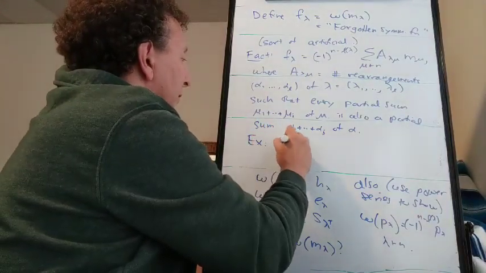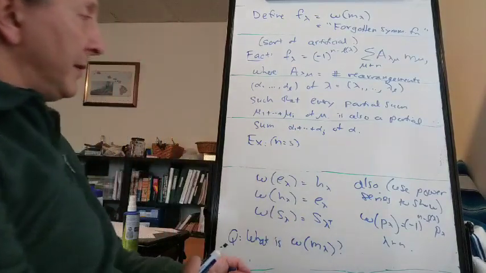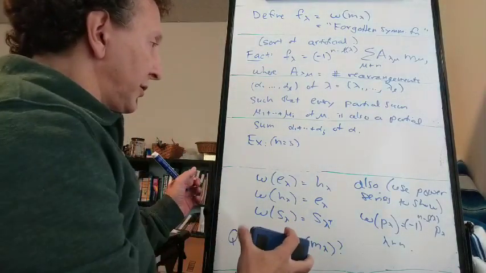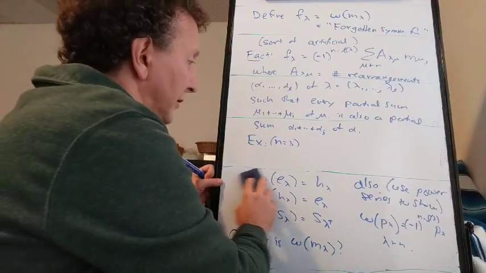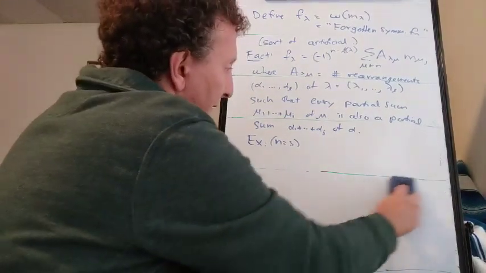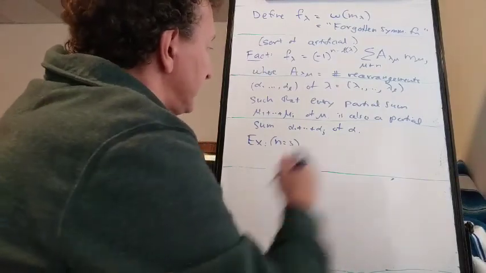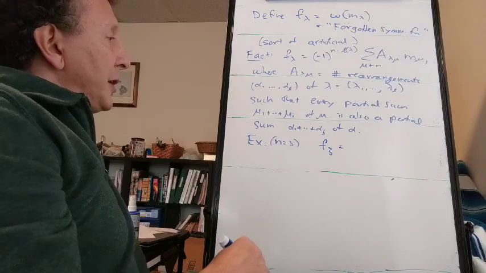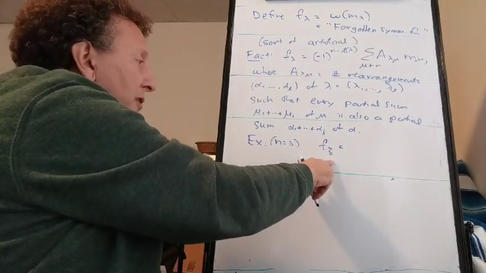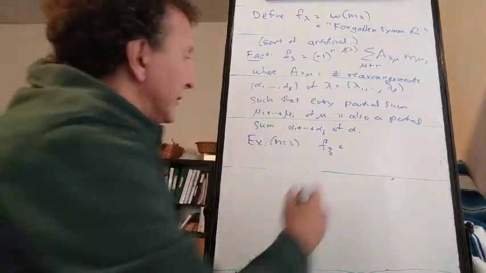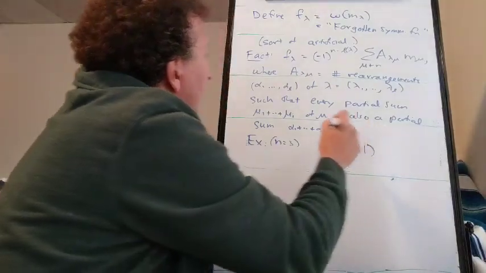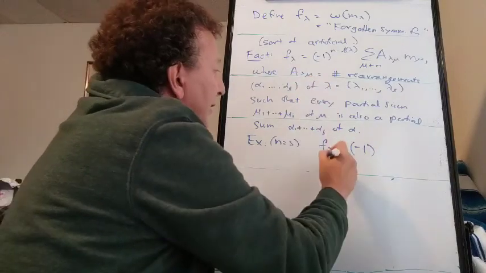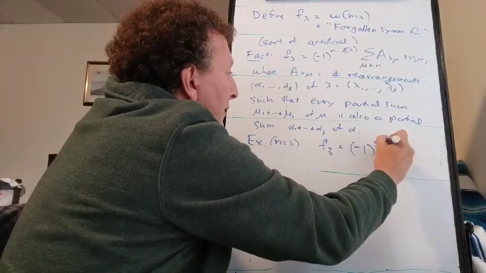So for example, let's expand the three forgotten symmetric functions for n equals 3 in terms of the monomial symmetric functions. So we're going to look at the number of rearrangements of the one part partition 3. There's only one rearrangement, 3. And the sign is -1 to the n, which is 3, minus length of the partition, which is 1.